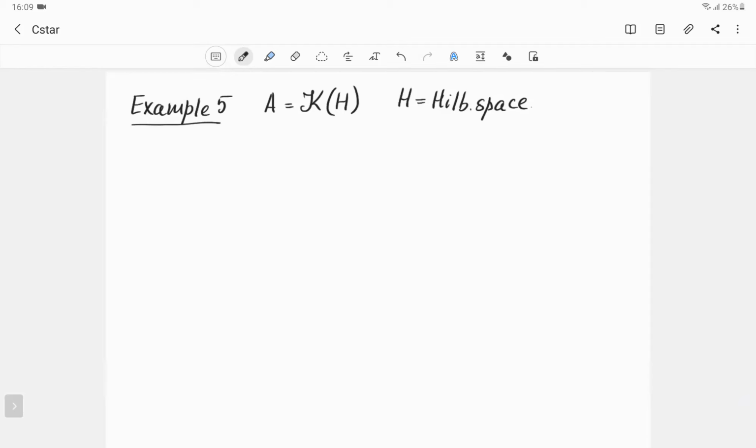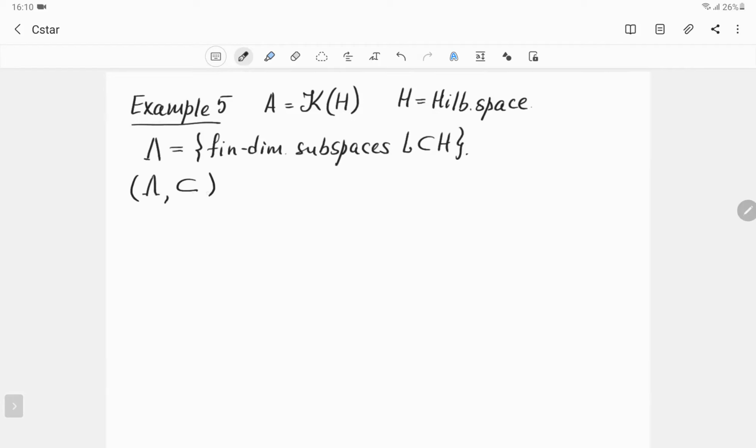And to construct it, let's denote by lambda the set of all finite dimensional subspaces of H. This is also a directed poset, and the order relation is just the inclusion.